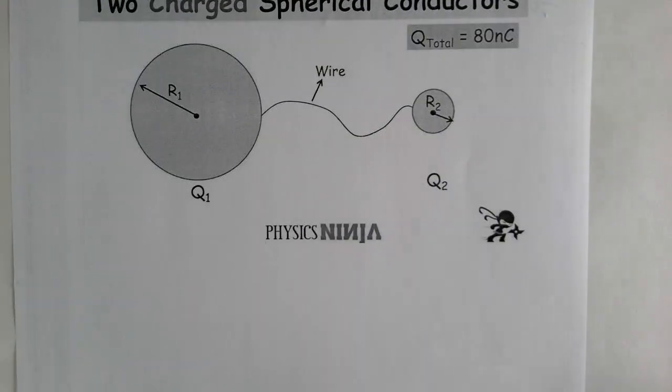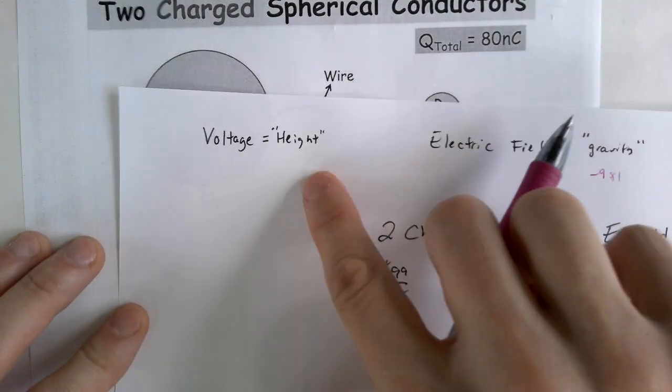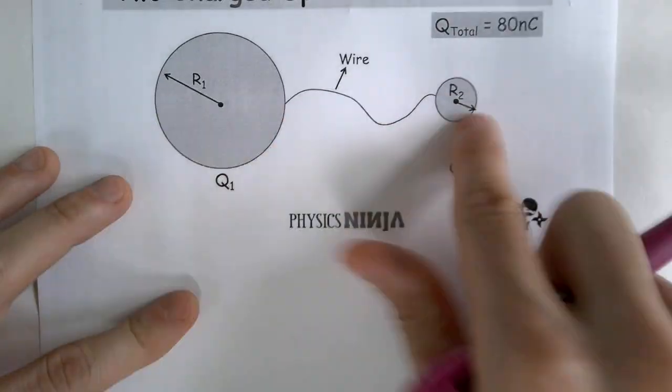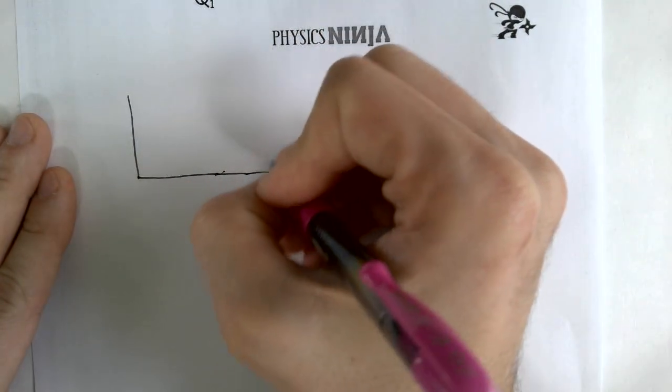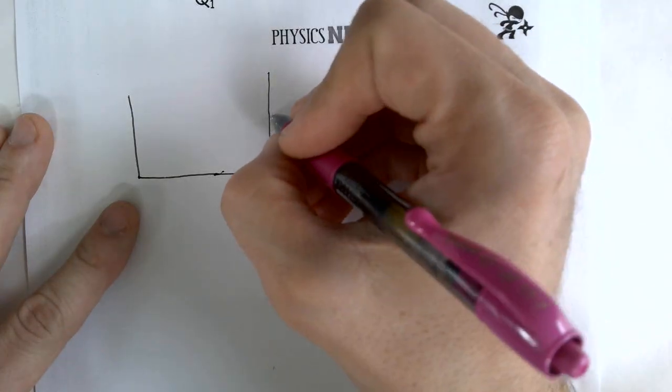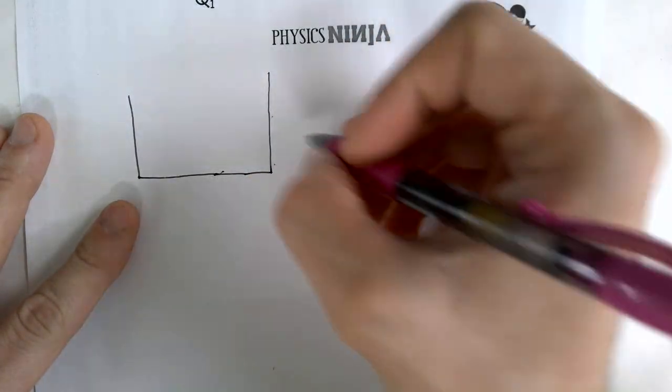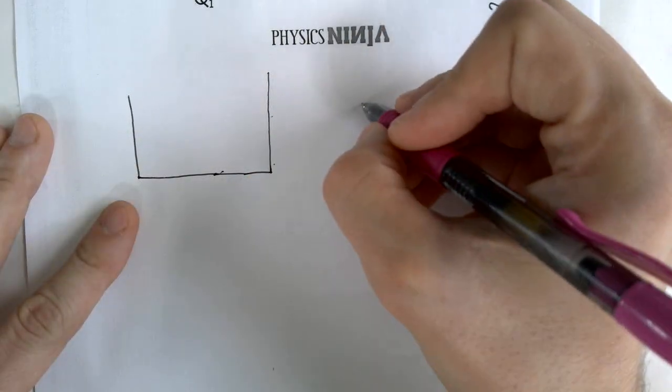So remember how I said that voltage is equal to height. Let's say that we have two reservoirs here. I'm going to put a big reservoir over here, really wide and flat, and a small reservoir right here, and these are going to be connected with a hose.